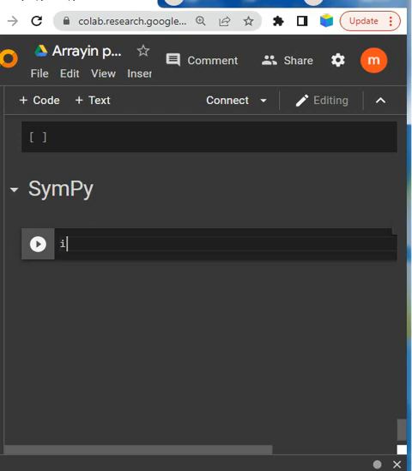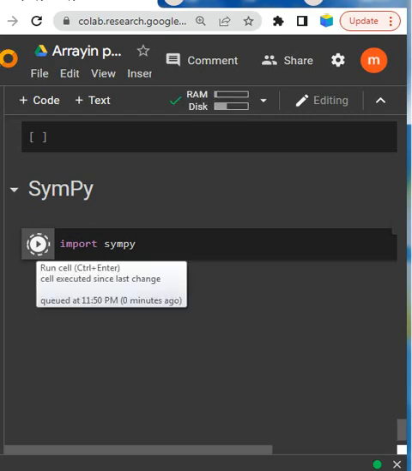Import sympy. The SymPy project provides a Python module named SymPy, and it is common to import all symbols from this module when working with SymPy, using from sympy import.